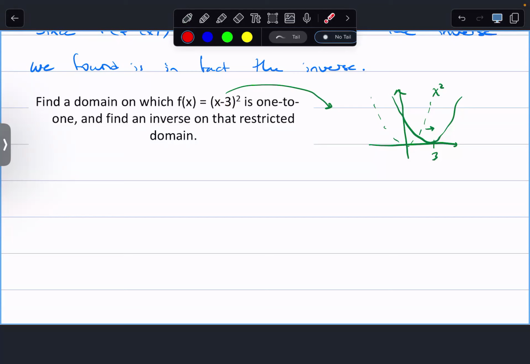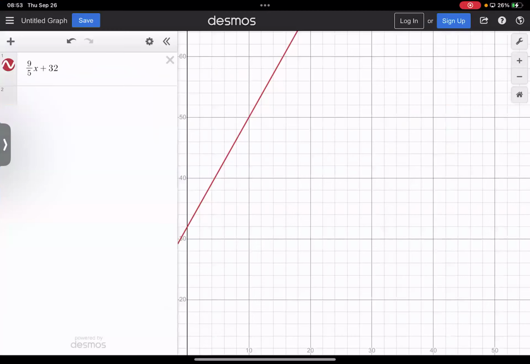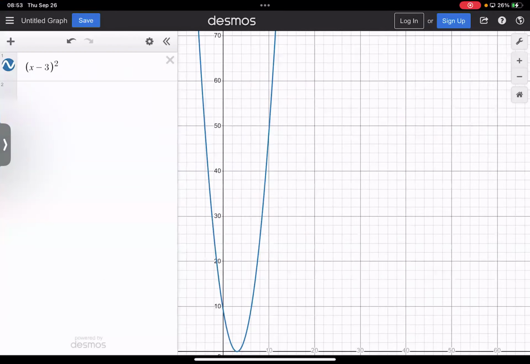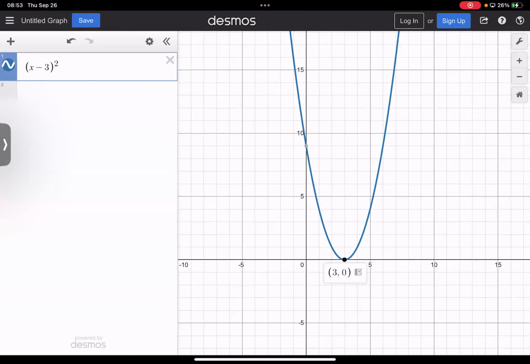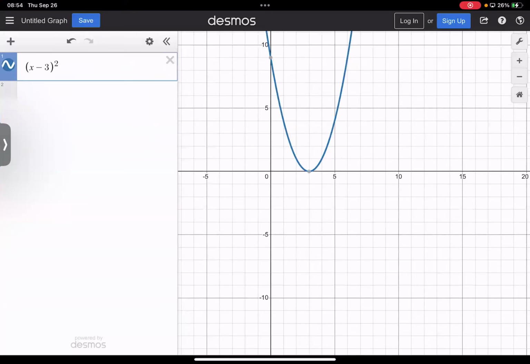But let's use Desmos to see. x minus 3 squared. So we did good.